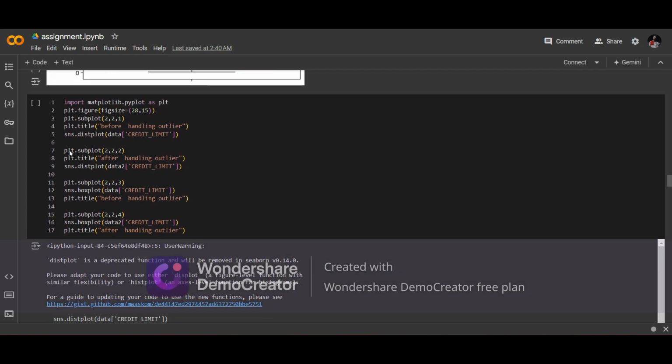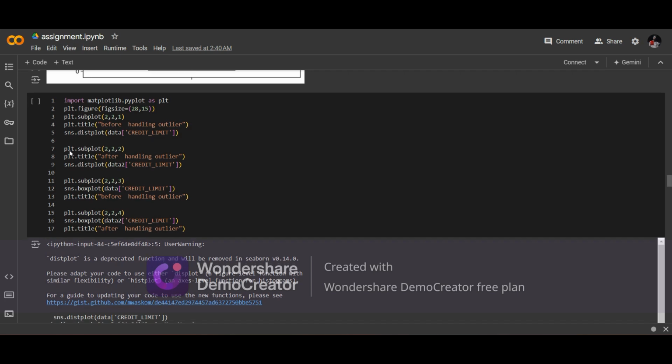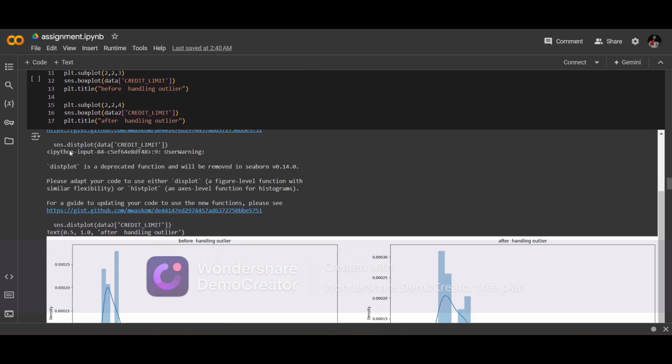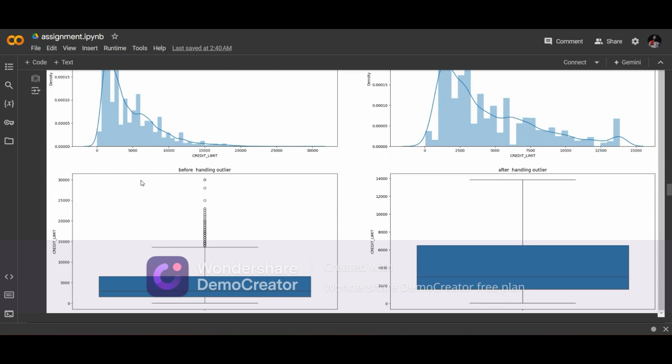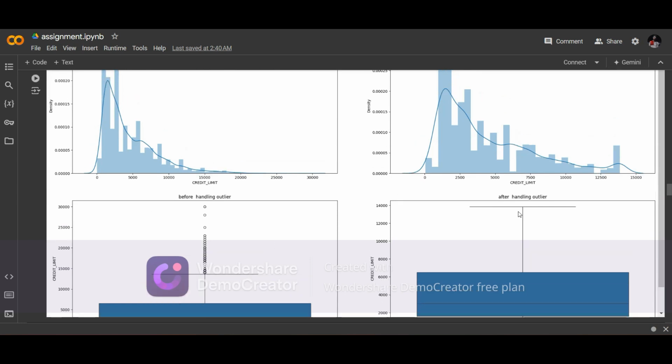And I have plotted two graphs, before handling outliers and after handling outliers, with the distplot and box plot, which I am showing with the help of the matplotlib library. Here we can see this is before handling outliers, and this is after handling outliers.